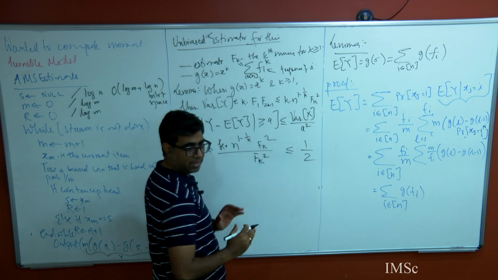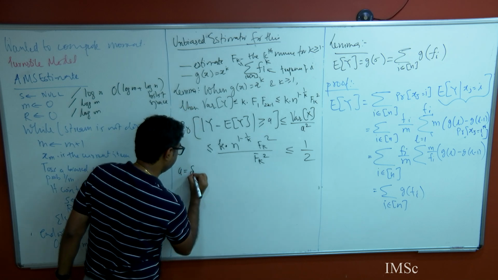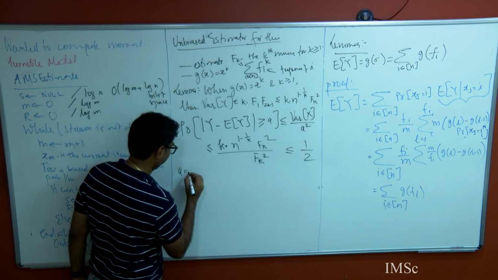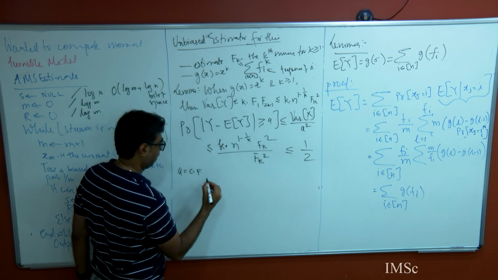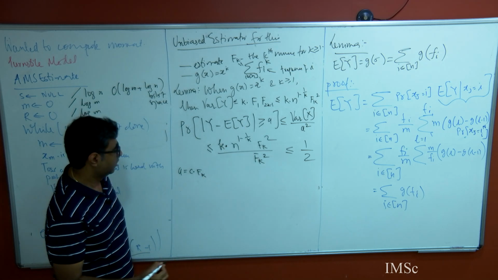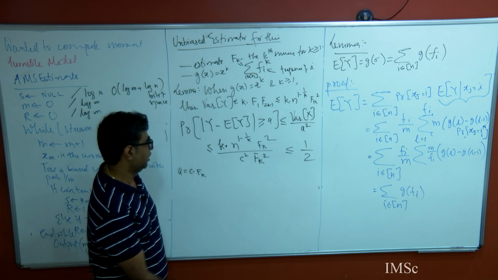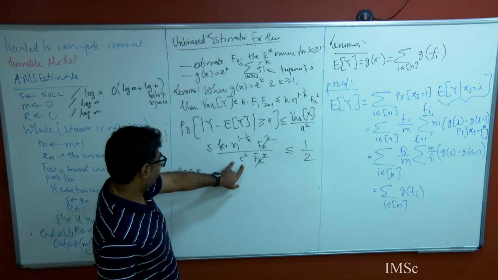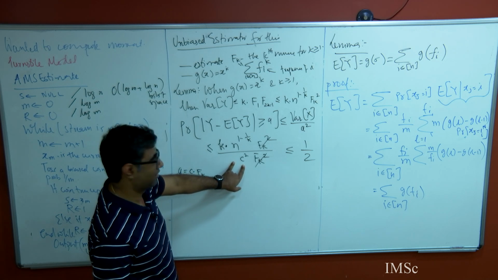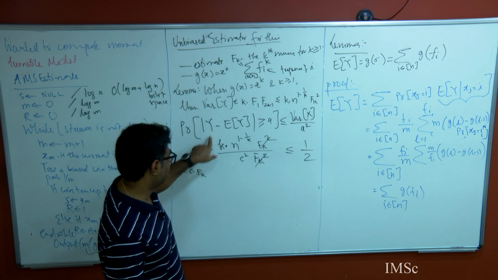Whatever a I will write, say suppose I write a equal to some c times expectation of y, which is c times fk, then this is going to be c square fk square. So this and this is going to get cancelled, but c is going to be a very, very bad number.